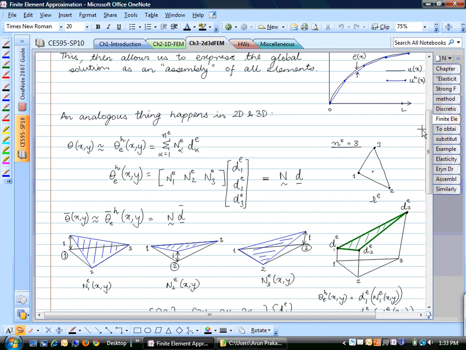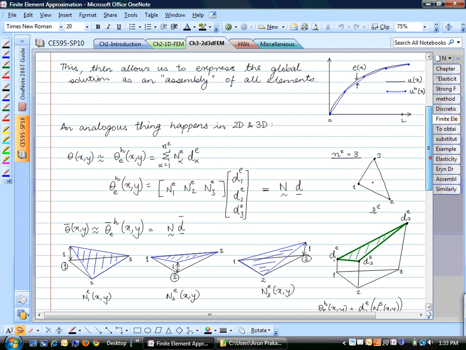Okay. So we said that we are going to use a very similar formula to what we were doing in 1 dimension. We said in 1 dimension that our displacement was going to be some matrix N times the degrees of freedom at the nodes of the element.